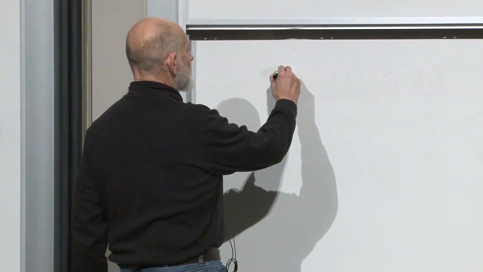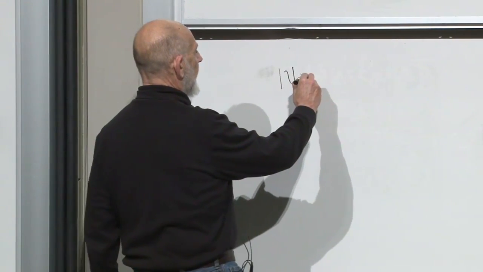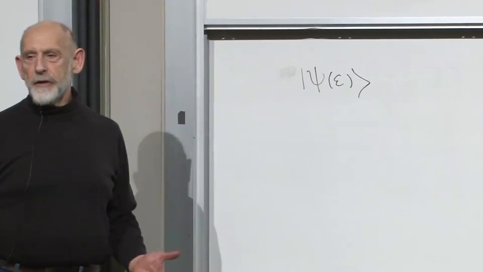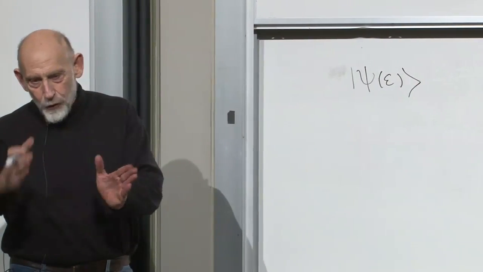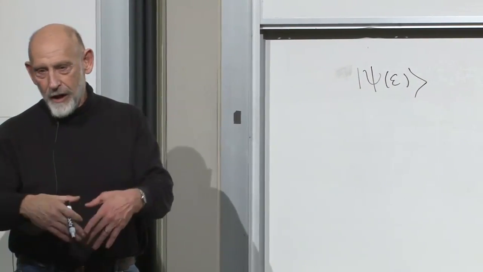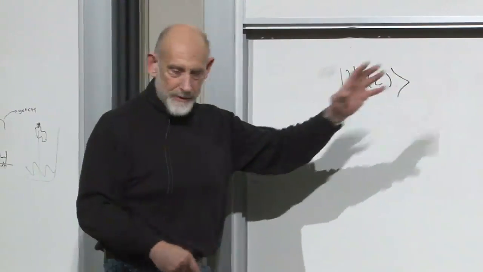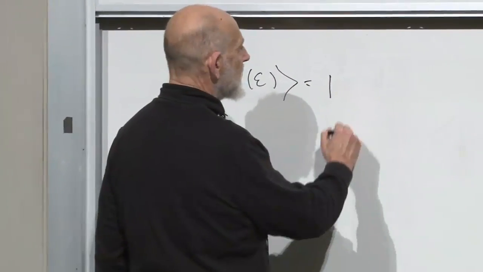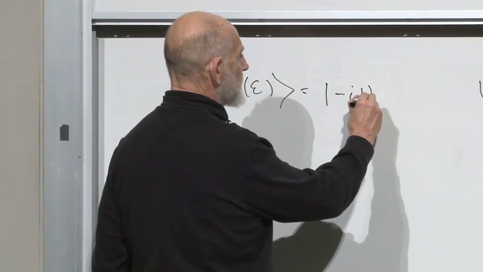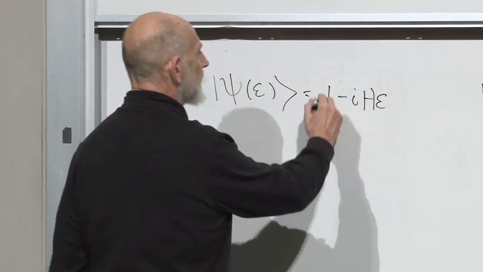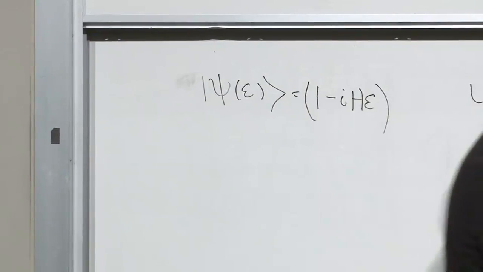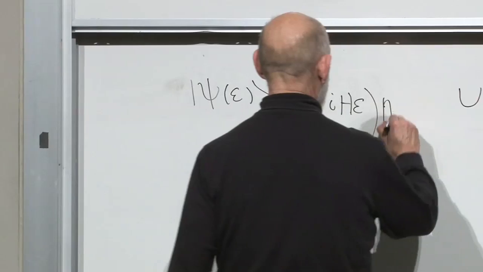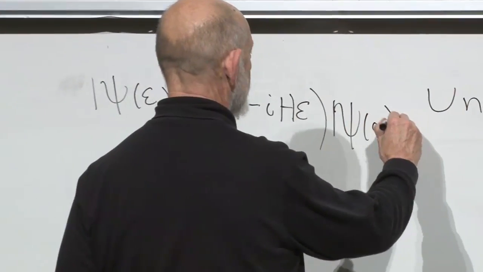Okay, so let's look at the state of the system at a time epsilon. And this time epsilon could be thought of as a time epsilon right after some arbitrary time, which I'm going to call 0, but it doesn't matter. So I have psi of epsilon is equal to 1 minus i H epsilon times psi, let's say at time 0.